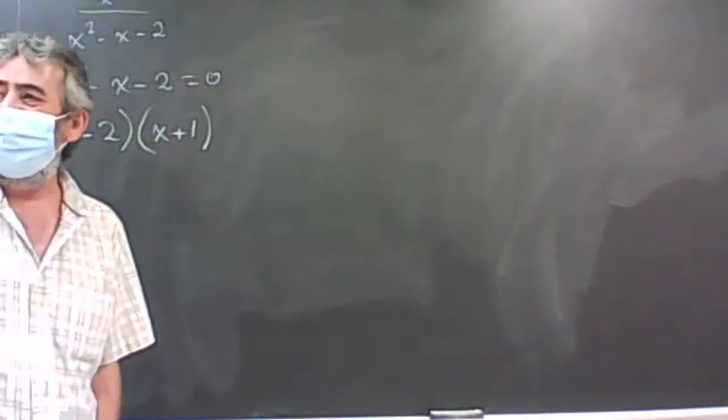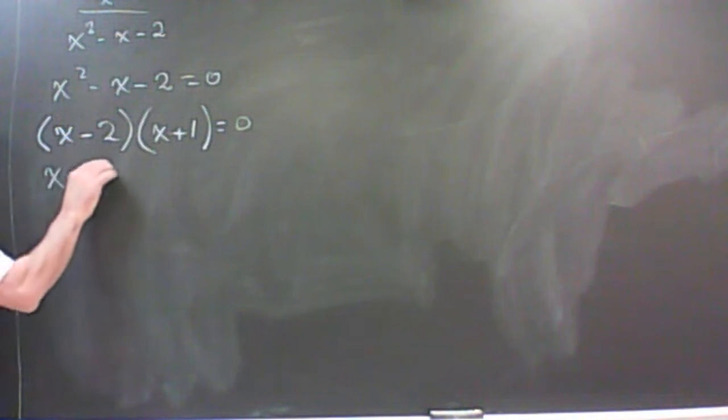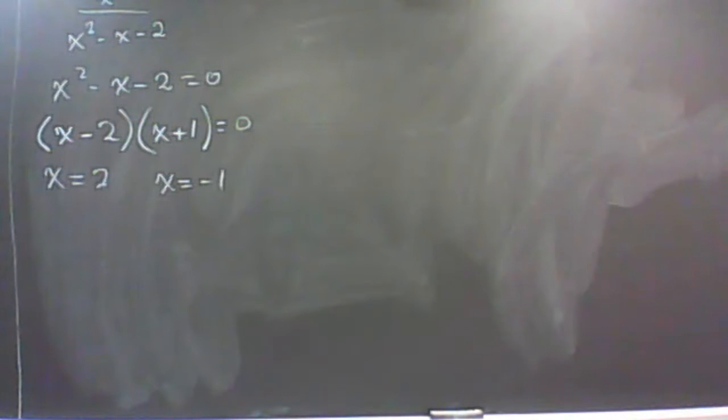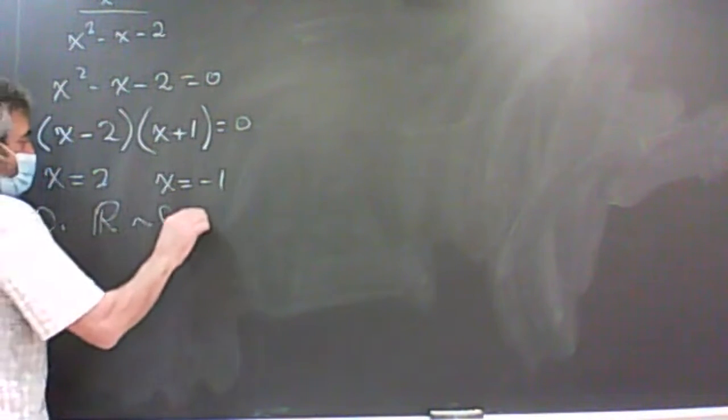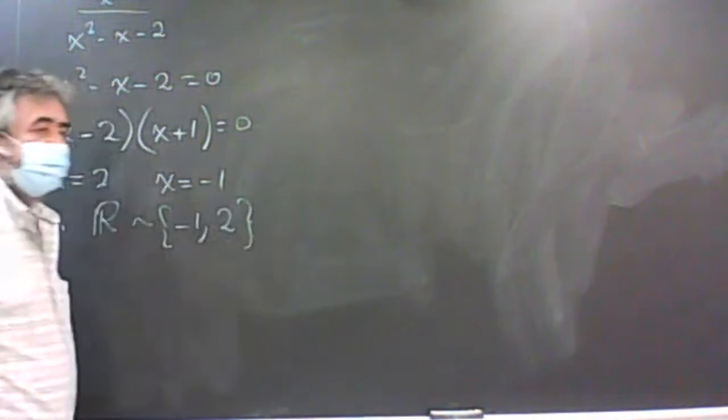I thought you said -1, +2, right? You were close. Equals 0. He was giving me the answers right away. So x equals 2 and x equals -1. These are your numbers. So the domain is all values, take away -1 and 2.